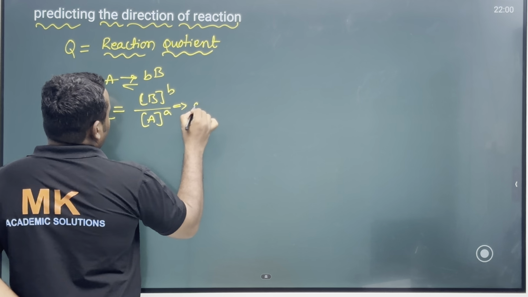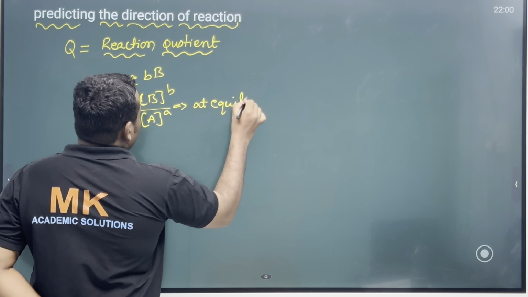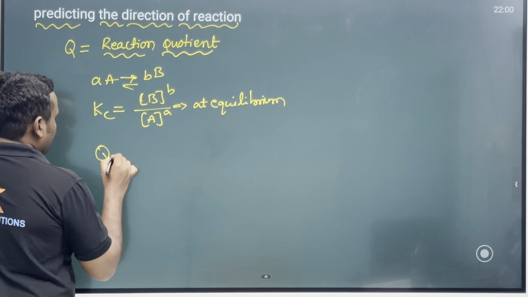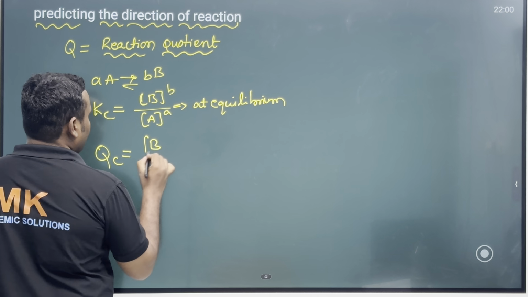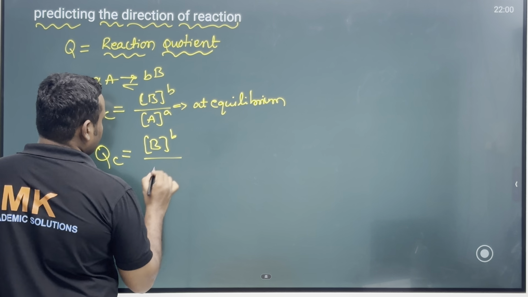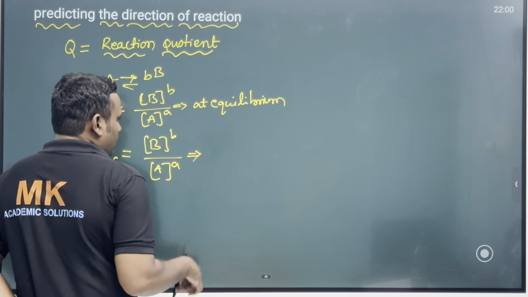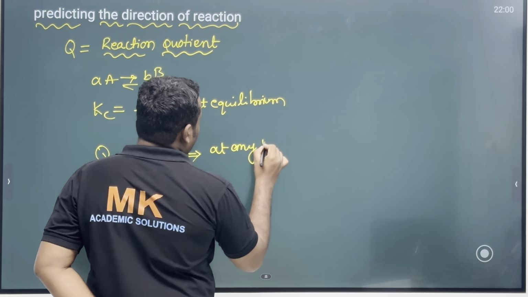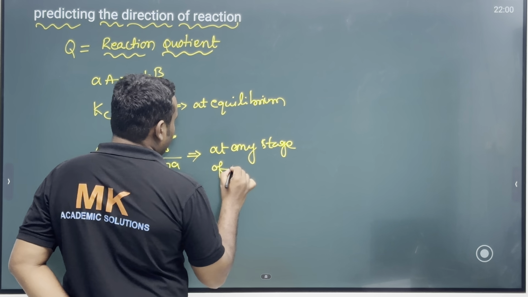This is the Kc at equilibrium. And Qc is the same expression, but at any stage of the reversible reaction.